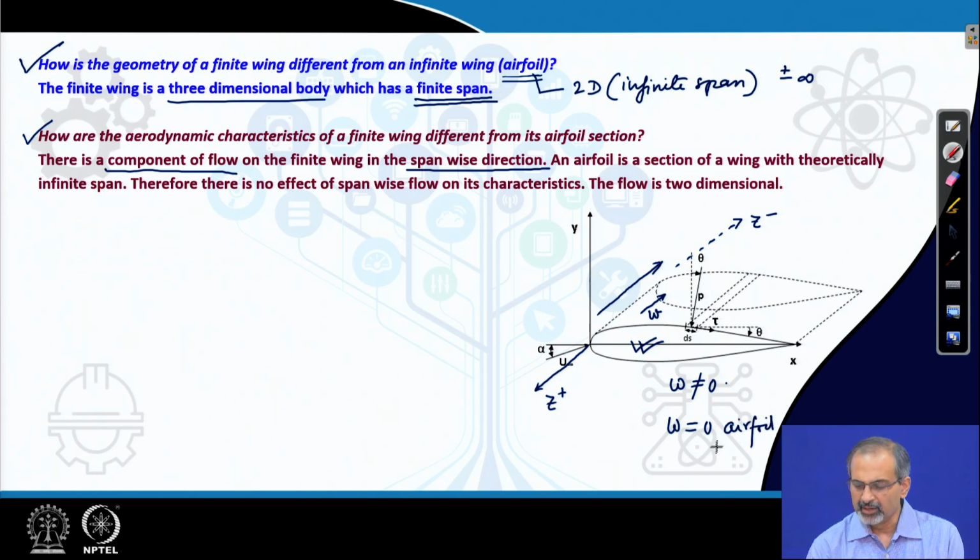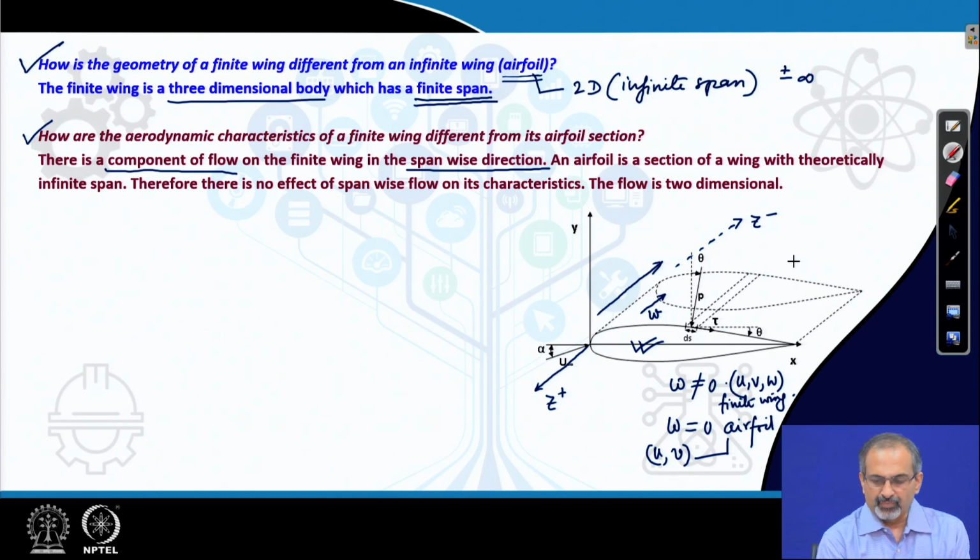And that is why we can solve for the flow field by just looking at u and v in the case of an airfoil, while you need to look at u, v, w all components in the case of a finite wing. So, an airfoil is a section of a wing with theoretically infinite span.